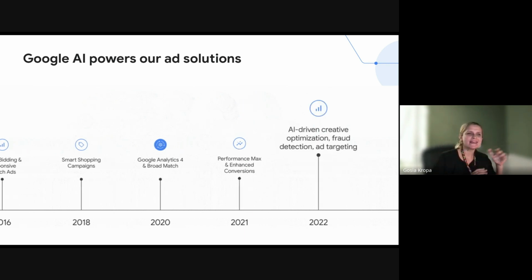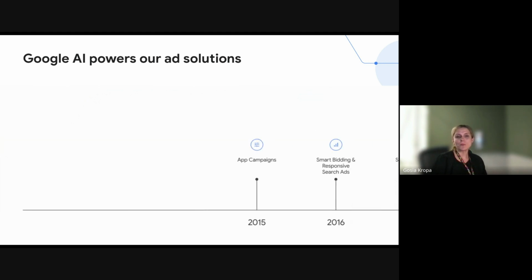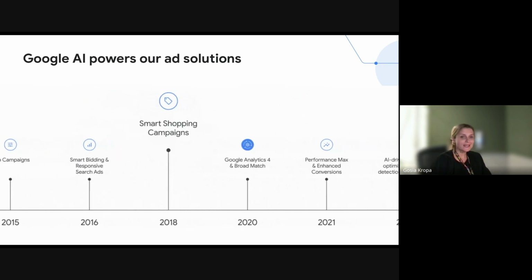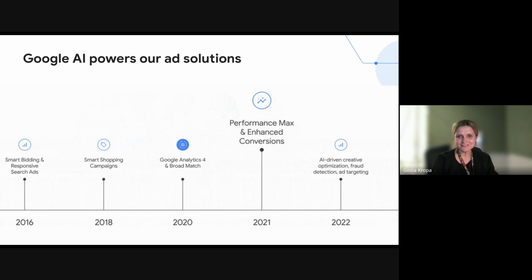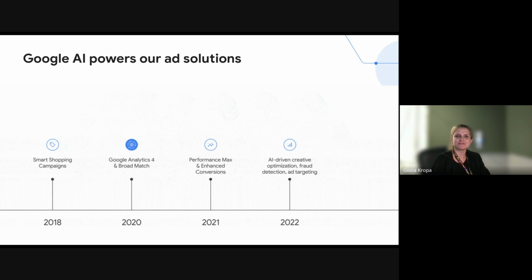So app campaigns, smart bidding, GA4, broad match, PMax, enhanced conversions, and through to the more recent AI-driven creative optimization are all powered by Google's AI. So if you've tried any of the features, and I bet you have, you probably are an AI pioneer yourself.